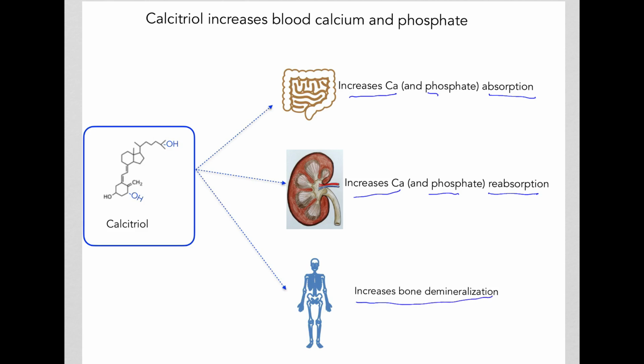So all of these effects are going to increase the blood calcium and phosphate levels. So calcitriol increases blood calcium as well as phosphate by increasing calcium absorption from the GI tract, by increasing calcium reabsorption from the kidneys, and by increasing bone demineralization.